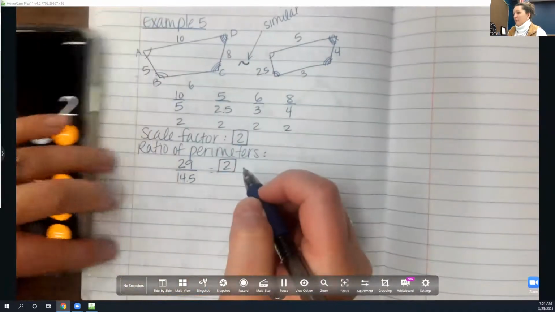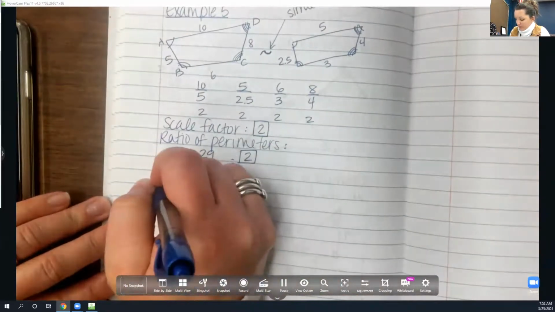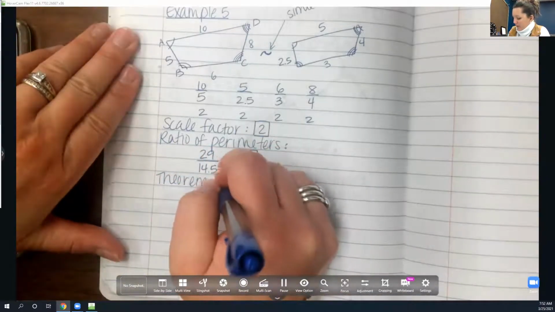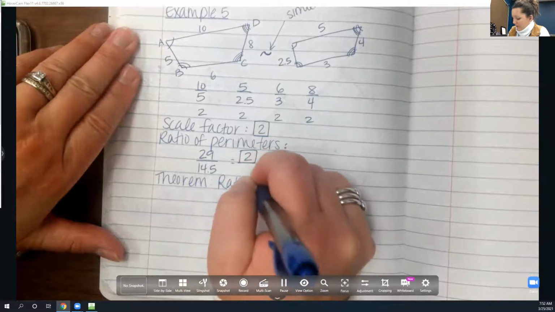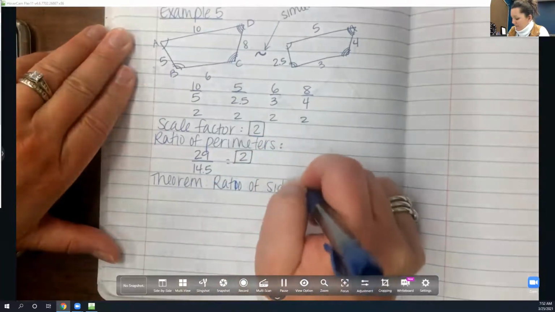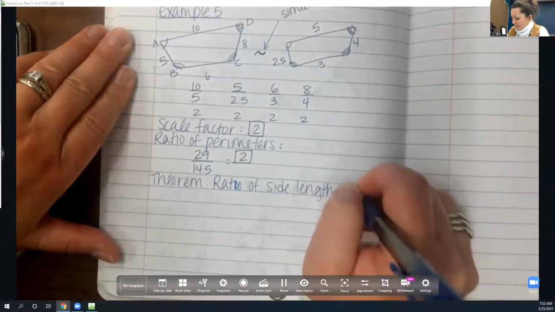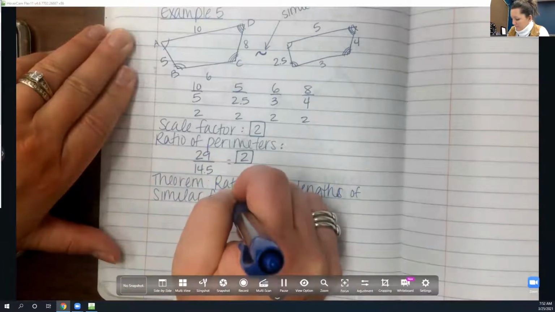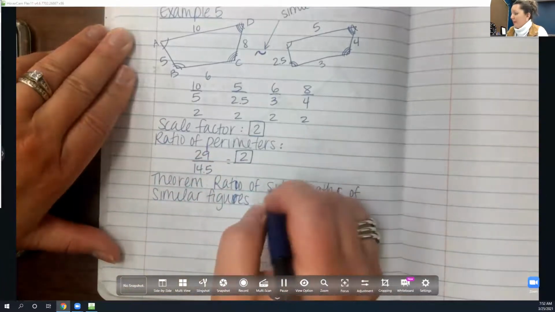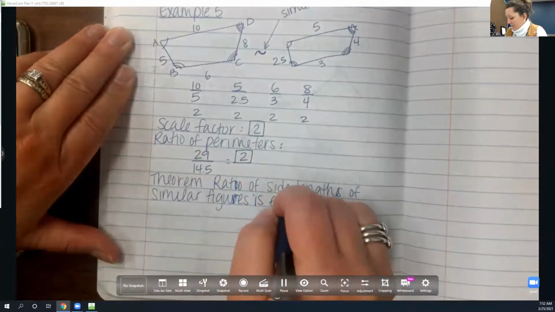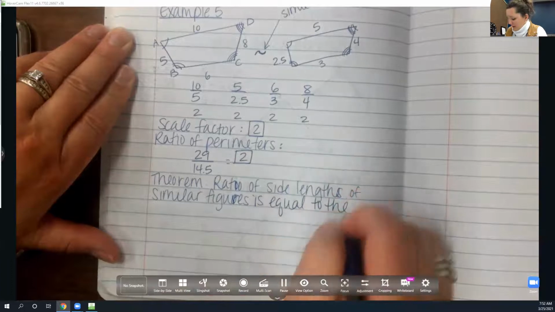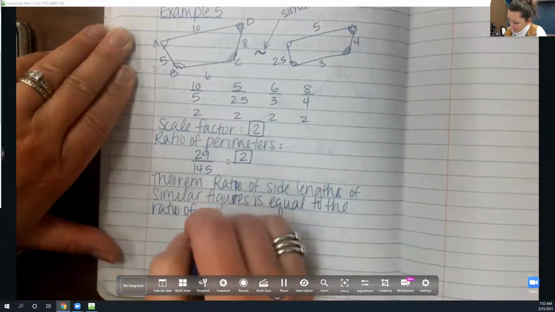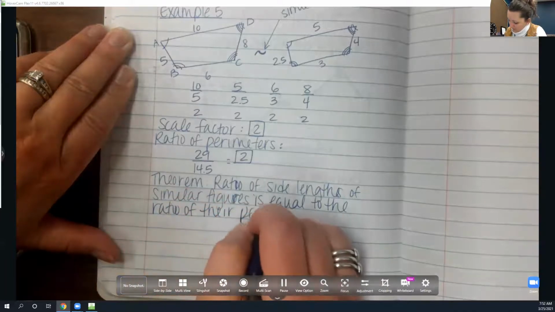So here's a truth, or a theorem: the ratio of side lengths of similar figures is equal to the ratio of their perimeters.